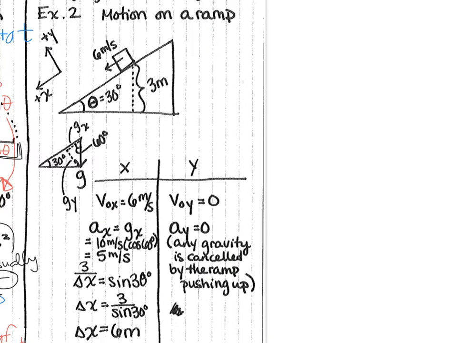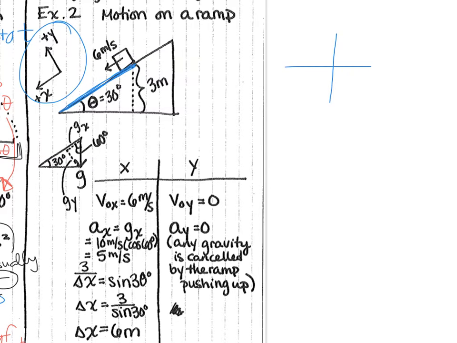When objects move down ramps, because we already know that they're going to be constrained to moving along this one line, it helps us to make that one line either the x or y direction when we find components. So we do this kind of funny thing and we tilt our x and y axes.